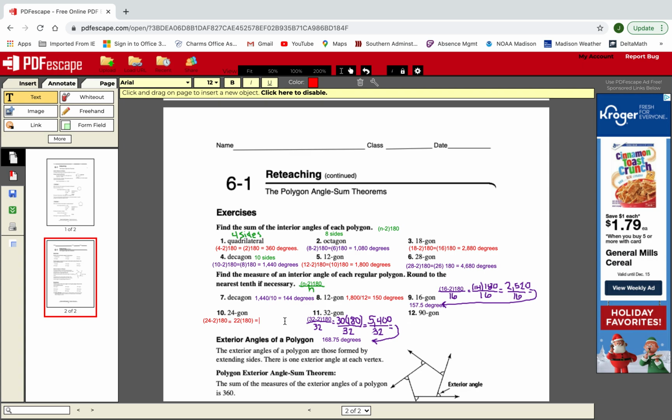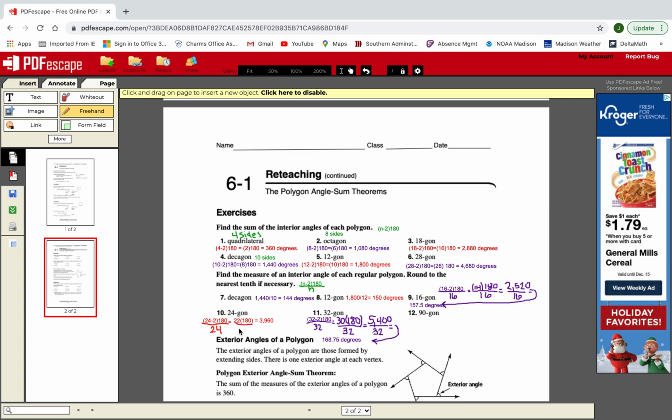And then we'll show that step right there. Okay, so I'm trying to give enough space here to where I can type all of this in. Let's see, 22 times 180 gives us 3,960. Okay, so I'm going to freehand now. So 24 minus 2 times 180 gives me the sum of the interior angles of a 24gon. Then I will divide that by 24 to get just one of them.